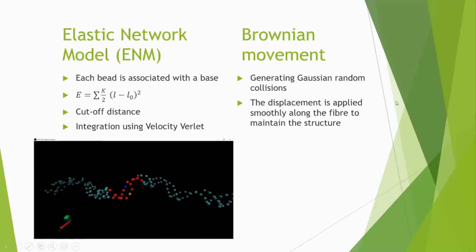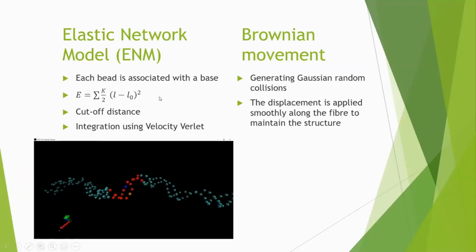So the elastic network model associates each nitrogenous base with a bead, and then these beads are the particles that are considered for this elastic network model. The energy for this model is the one which you can see here, which is elastic potential.